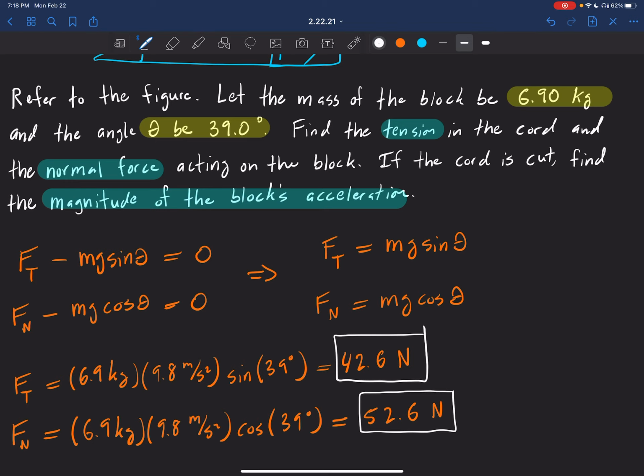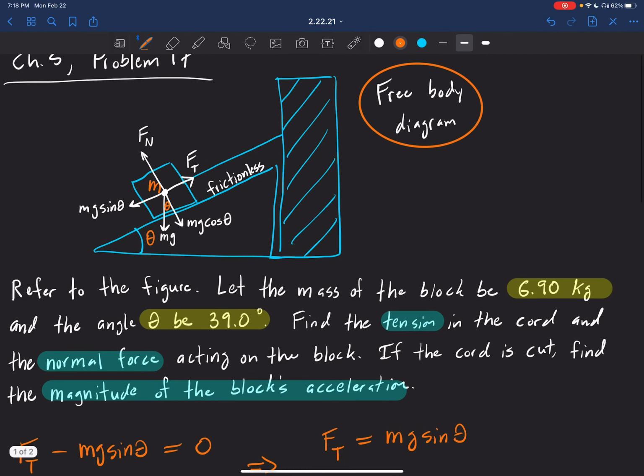But now the question asks, if the cord is cut, find the magnitude of the block's acceleration. To do that, we're going to have to write down another relation. So I'll move back up here.